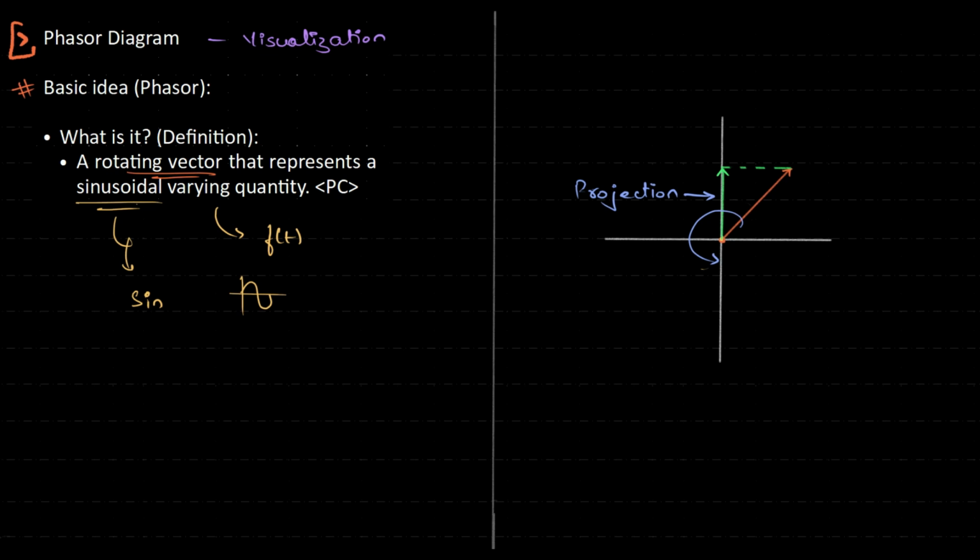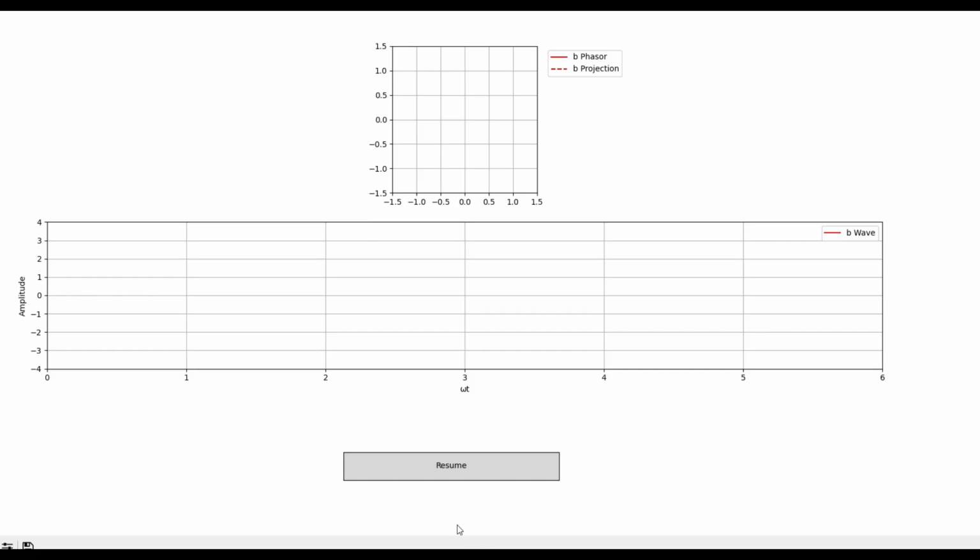Actually, we have done it over here. You can see the bottom wave. It's not just randomly varying. It's picking up the projection and plotting on the right end. And if we keep plotting, of course, it has to continue, so we are shifting the sheet to the left.